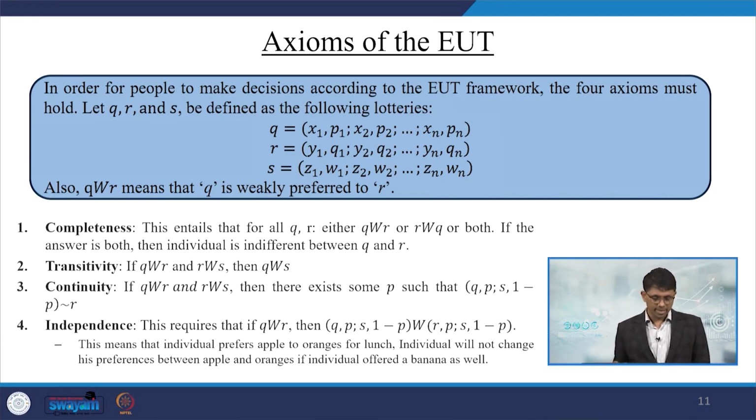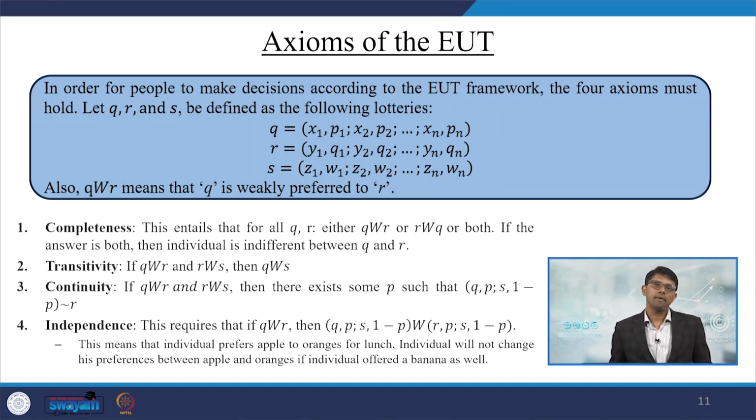Completeness means Q is weakly preferred to R, or R is weakly preferred to Q, or both. In this case the individual is indifferent and has already expressed all possible choice functions between Q and R.